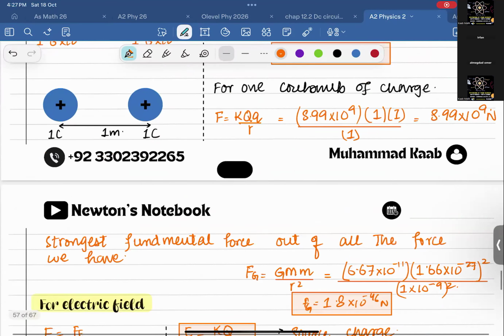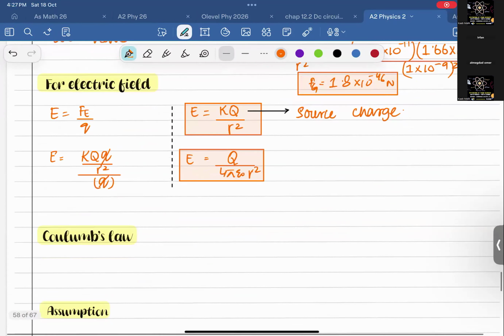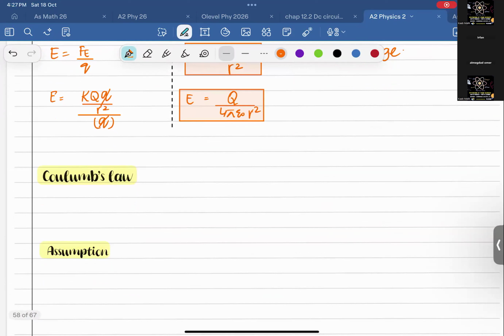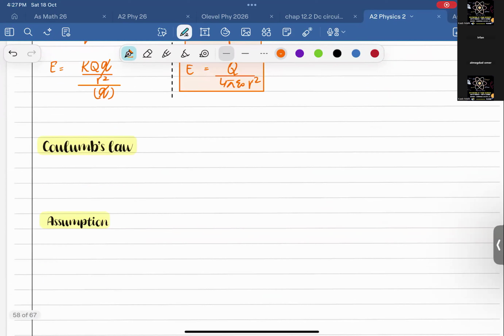If we try to write down the definition of Coulomb's law that is required in your syllabus, so Coulomb's law is basically the electric force experienced by any charge.